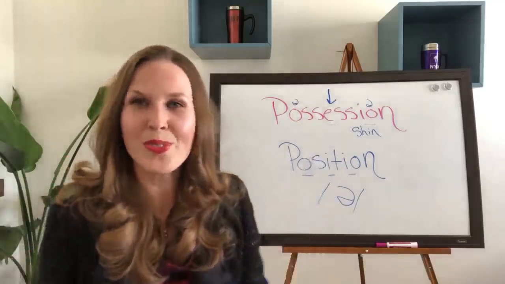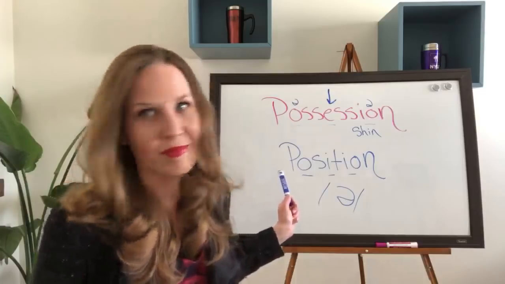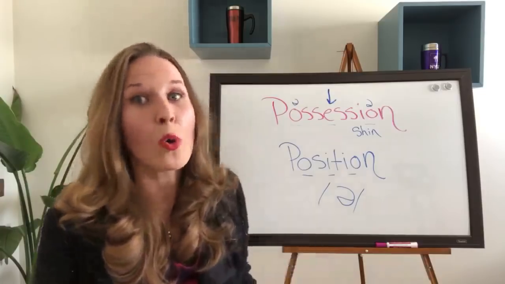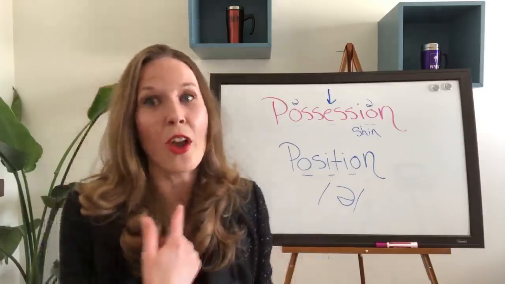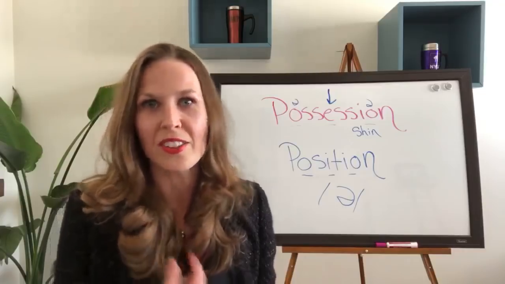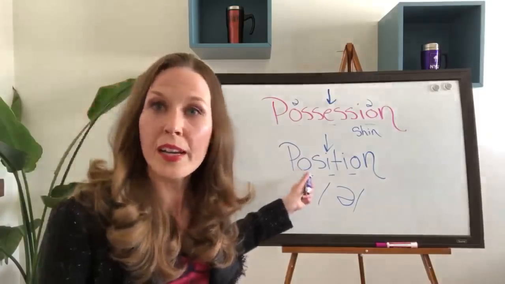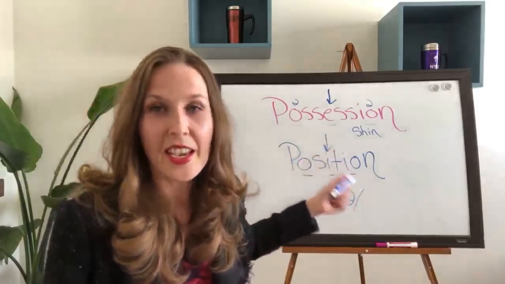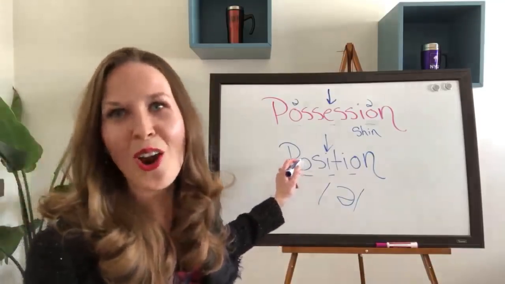So which one is it? It's position? No, it's not position. That's probably a way a student would say it because they're not using the schwa sound, but it's position, okay? Position. So this becomes our schwa.